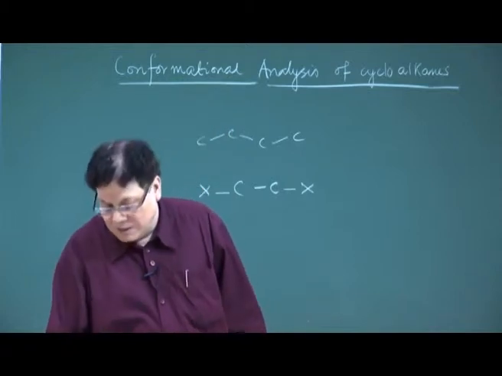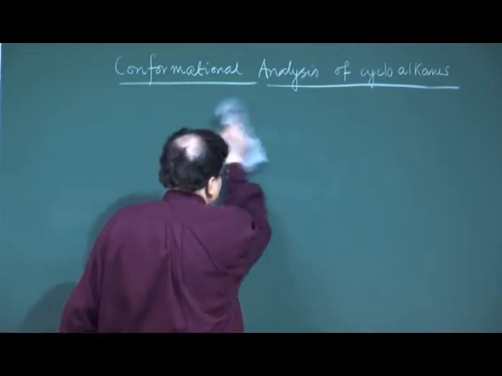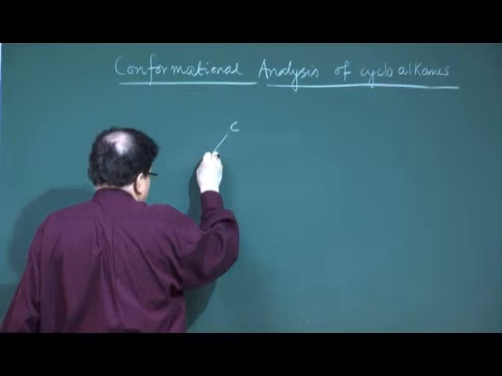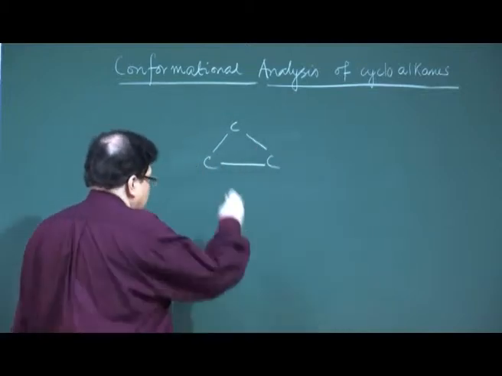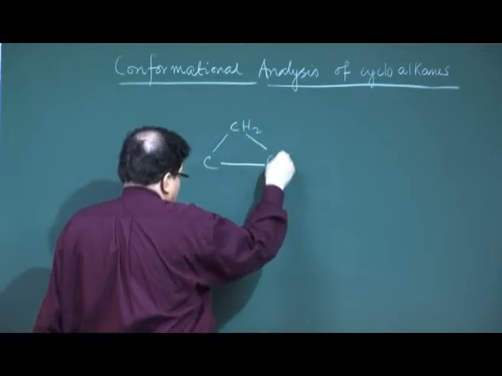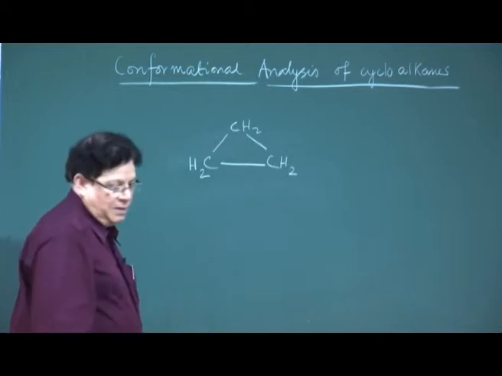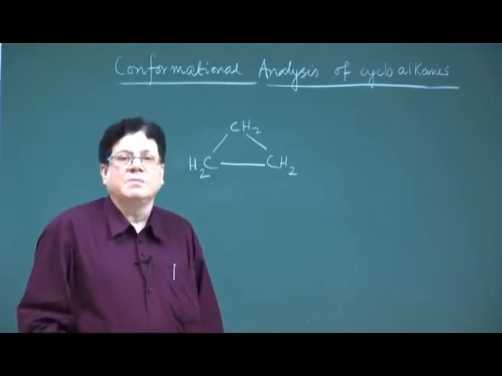Now, the cyclic system starts with 3 carbons. Obviously, you need 3 atoms to form a cycle. So, it starts with a 3 carbon system called cyclopropane. So, if we have all these hydrogens, this becomes cyclopropane. That is the first member of the cycloalkane series.